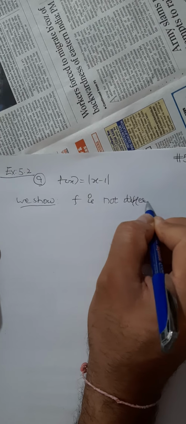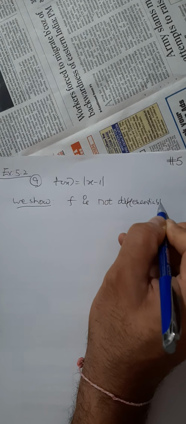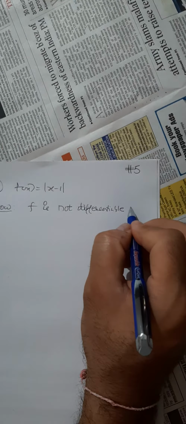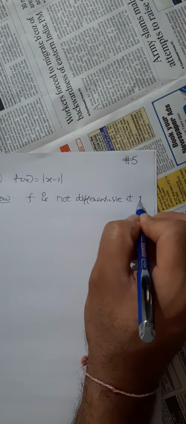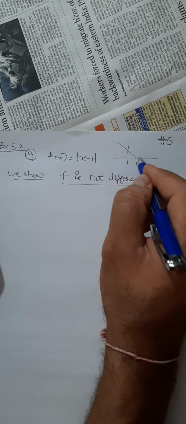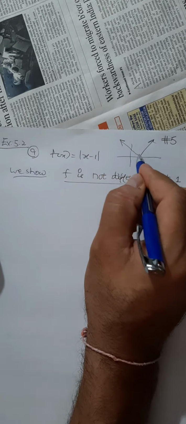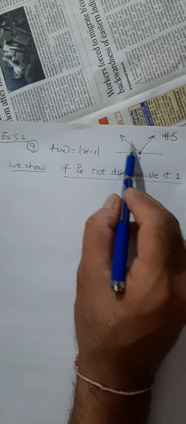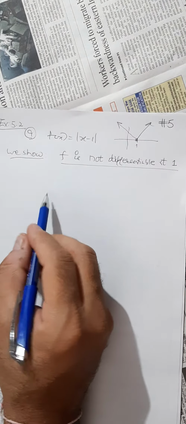You know it, just now I explained this. Not differentiable at 1. The graph is like this. Here 1, there is a corner at 1. So it's not differentiable at 1. At all the remaining points it's differentiable, remember. Okay, so we'll show this.